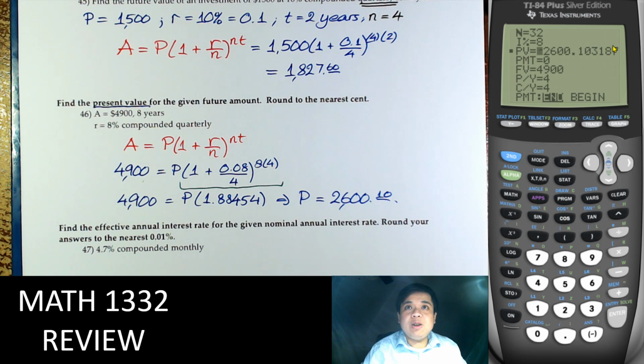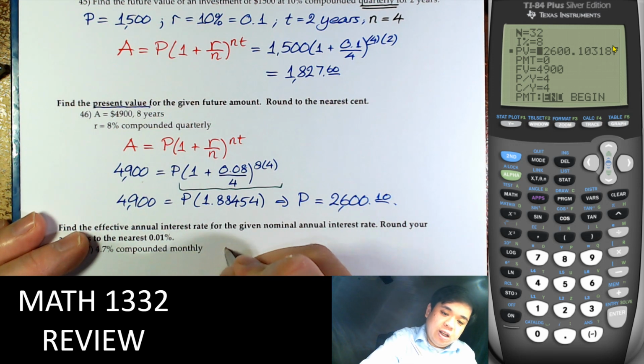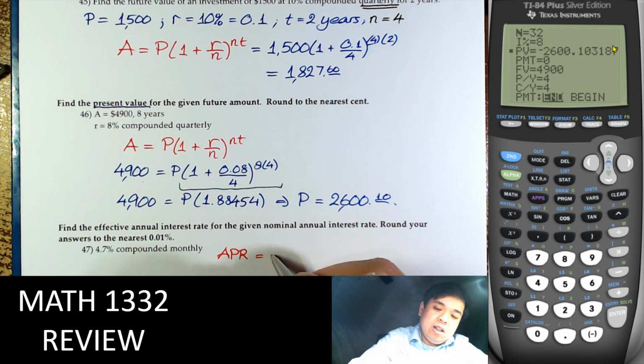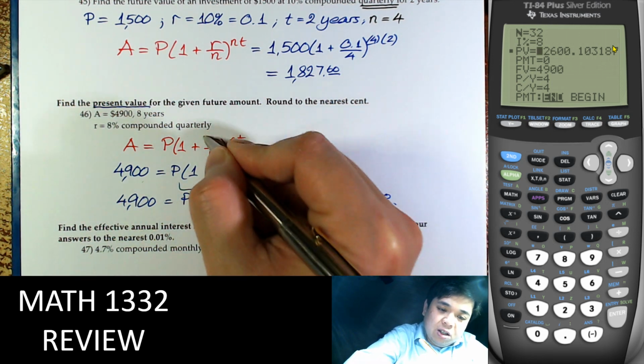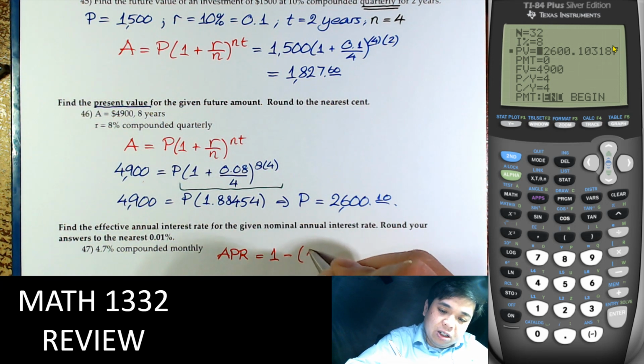So either way. Next we have the effective annual rate. Round that to the nearest 0.01%. So in this case, APR, annual percent rate, is 1 plus, pretty much the part that we calculated earlier.